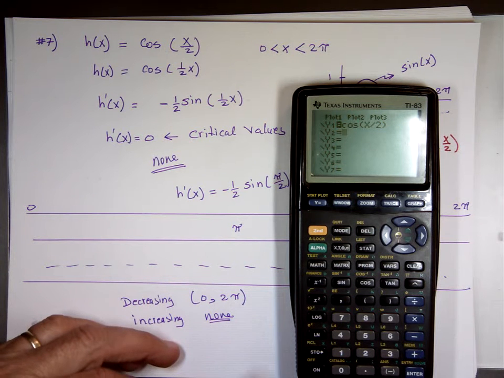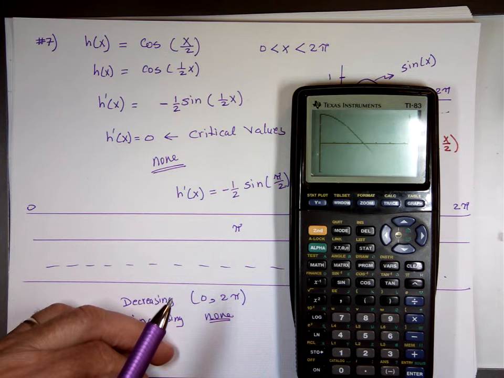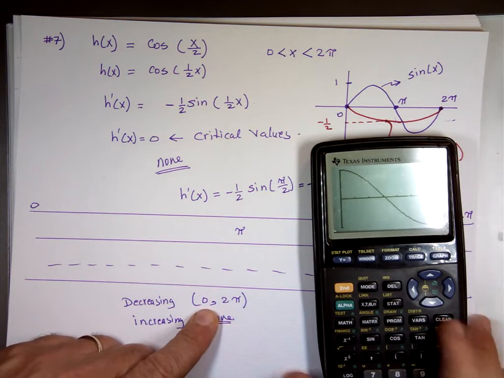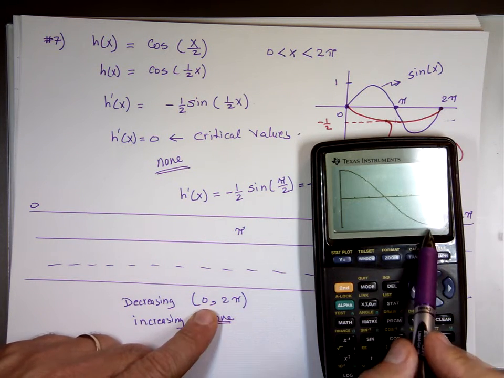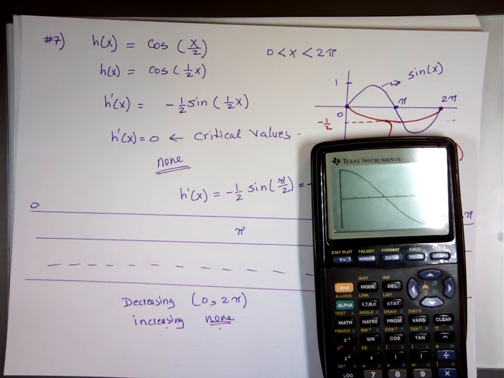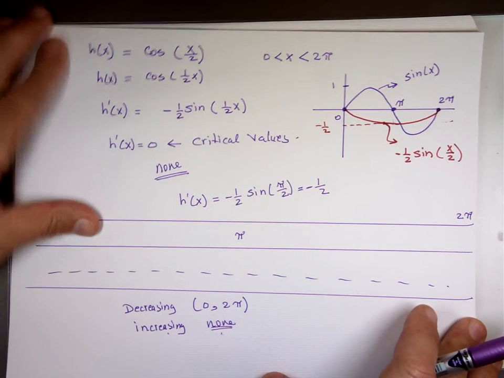Graph it. Decreasing. Look at that. Decreasing from 0 to 2 pi. Where is it increasing? Nowhere. Could you just look at cosine x over 2 and know that the period of cosine x is just 2 pi, and then it doubles it?